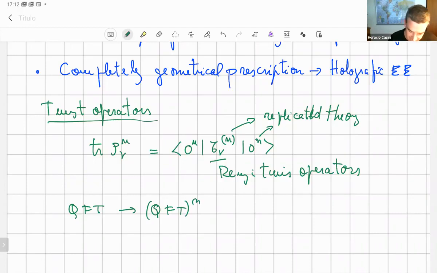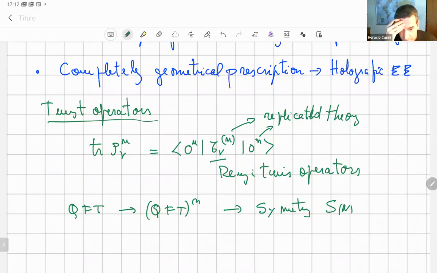But then you see that this theory has a symmetry that is just the group of permutations of the n copies. And it's a global symmetry.